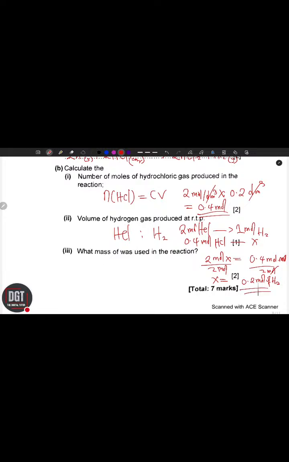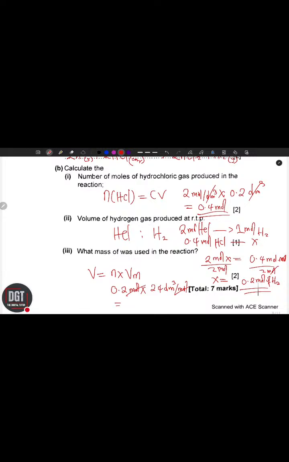Then of course we can find its volume. So volume is equal to number of moles multiplied by molar gas volume. 0.2 mole multiplied by, that is at RTP, 24 decimeter cubed per mole. So mole and mole cancel. 0.2 multiply 24.